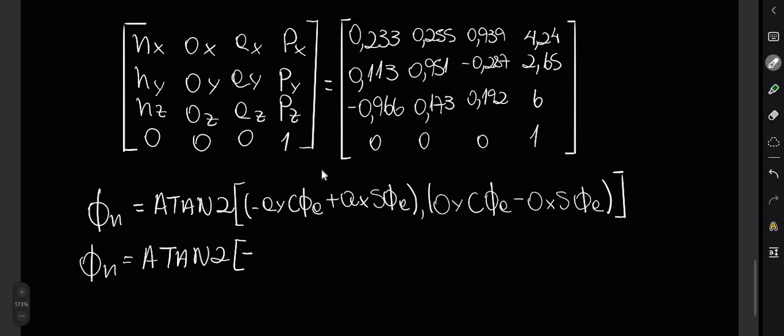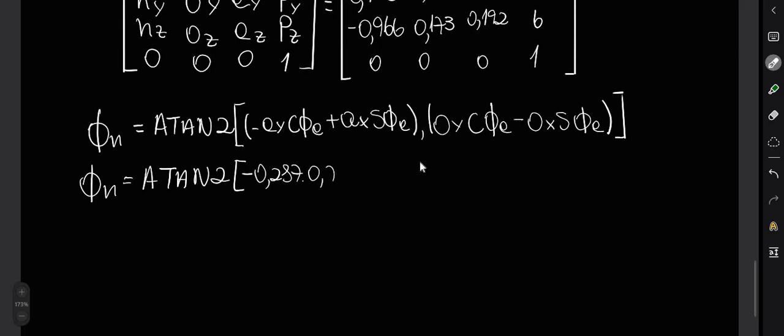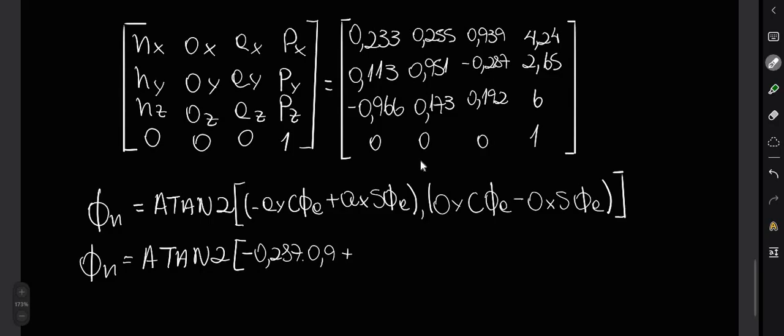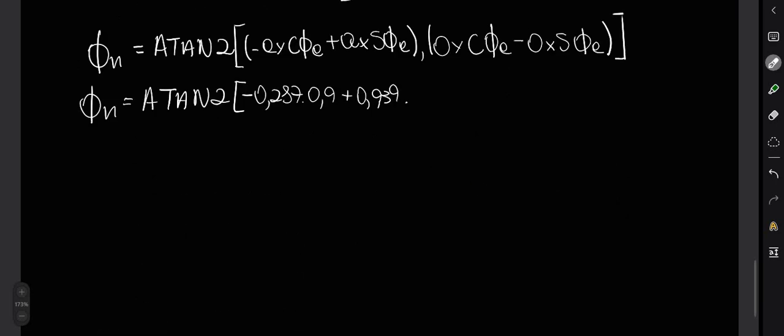So AY is equal to minus 0.287 times cosine of phi A, which is 0.9, plus AX, which is equal to 0.939 times sine of phi A, which is equal to 0.43.